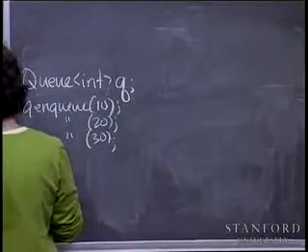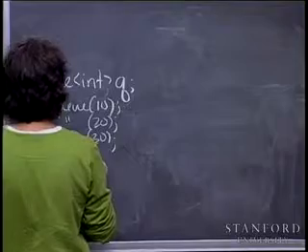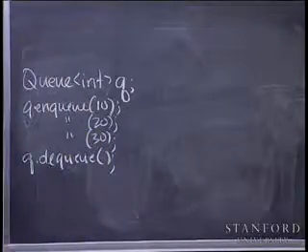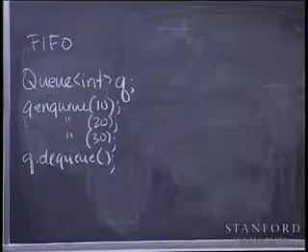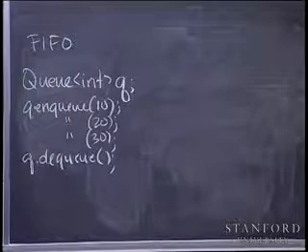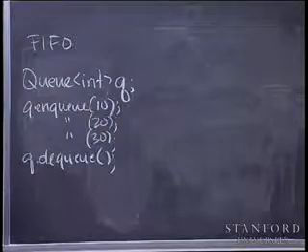And then I'm going to try to get back out what was frontmost. Okay, so queue is FIFO, first in, first out. Your waiting line, whoever's been in the queue longest is the first one to come out. Very fair handling of things.